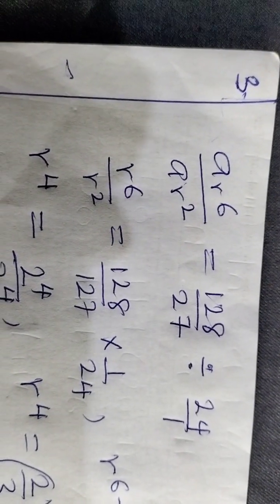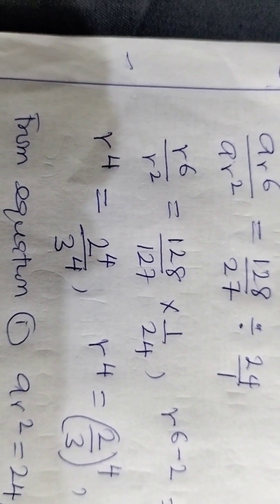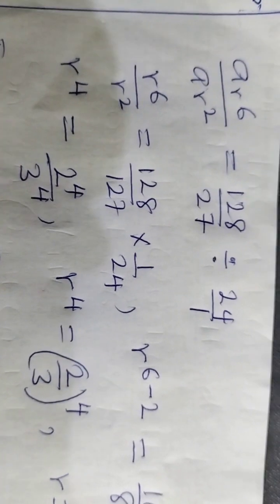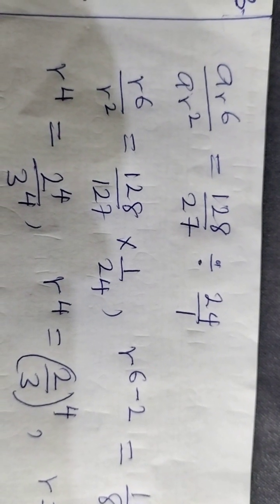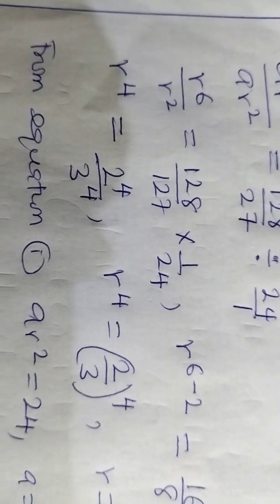A eliminates A. We'll now come down and have R raised to power 6 over R raised to power 2 equal to 128 over 27 divided by 24. Multiply, that is changing that division sign to multiplication and inverting 24 over 1 to become 1 over 24.